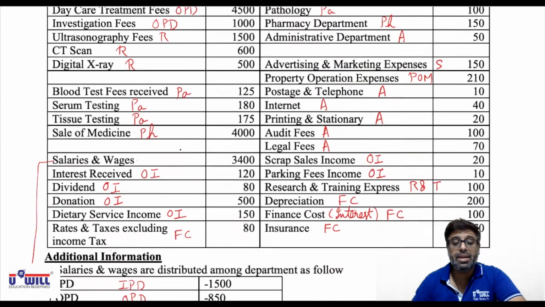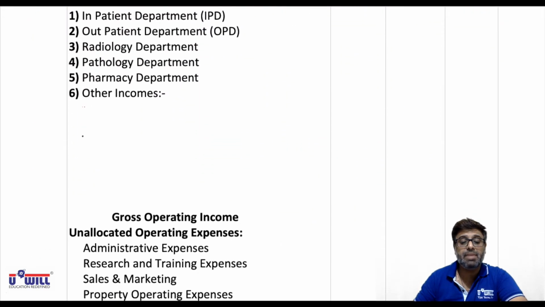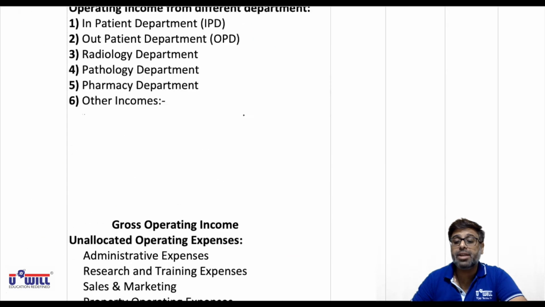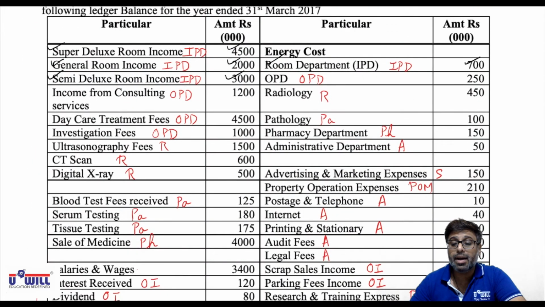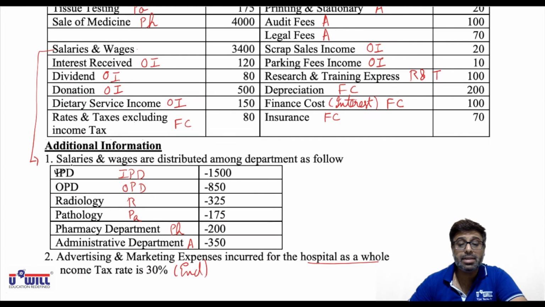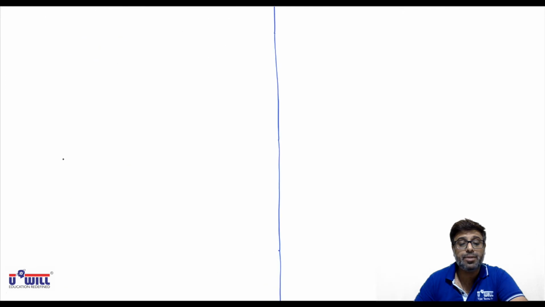Expenses of IPD, very first energy cost 700. Very first we will minus the energy cost, that is 700. Then after energy cost we will have the IPD marked item salary and wages, that is 1500.